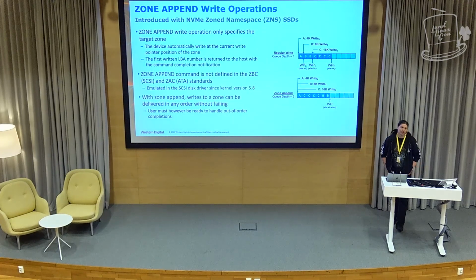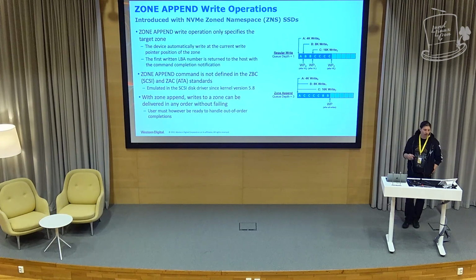As this is a bit cumbersome, especially since you can't really go high queue depth, the zone append write operation was defined, which is a kind of nameless write. So you tell the command, just place the data in this zone, and on completion, tell me where you wrote it.